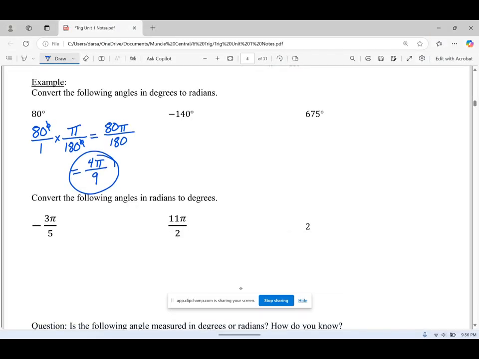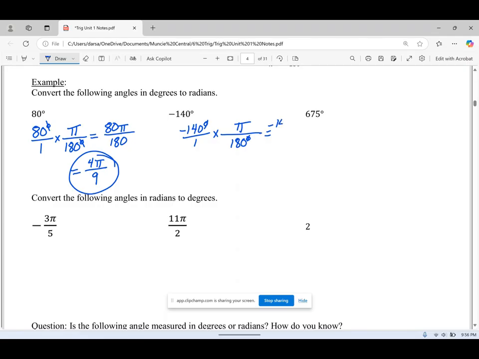Let's do the last two really quickly. So they gave us negative 140 degrees. We start with negative 140 degrees over 1. Since we have degrees in the top, we'll put our 180 degrees in the bottom, which is equal to pi radians. Our labels of degrees cancel. We multiply across the top.